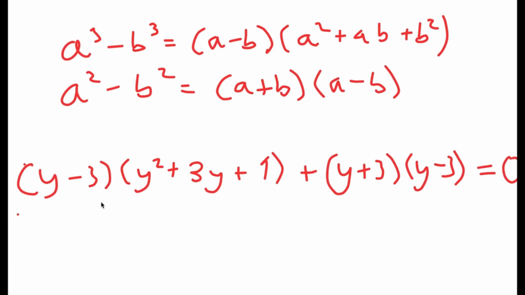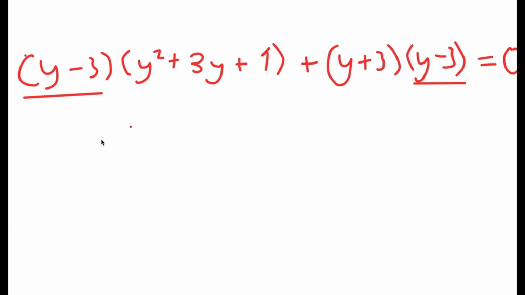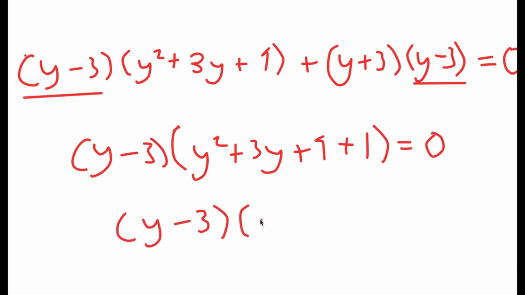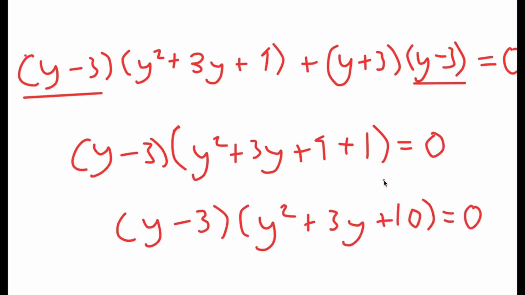Now, because these two terms both have y minus 3 in them, I can factor out y minus 3. So I get y minus 3 times y squared plus 3y plus 9 plus 1 is equal to 0. So I get y minus 3 times y squared plus 3y plus 10 is equal to 0.